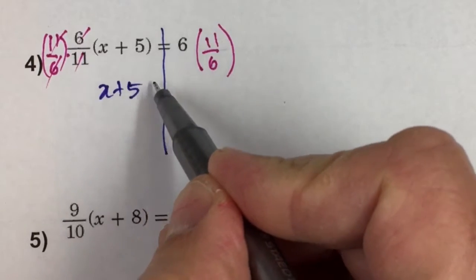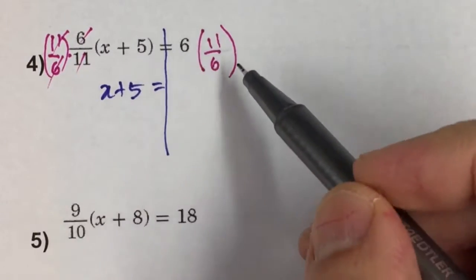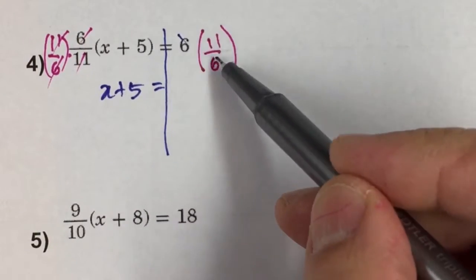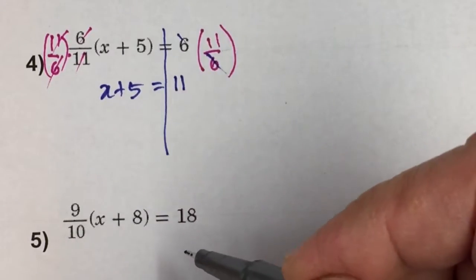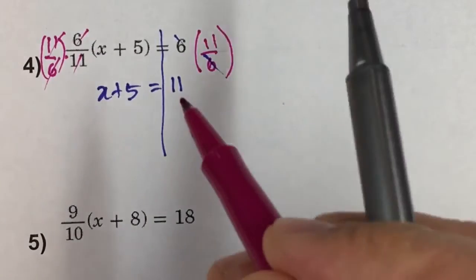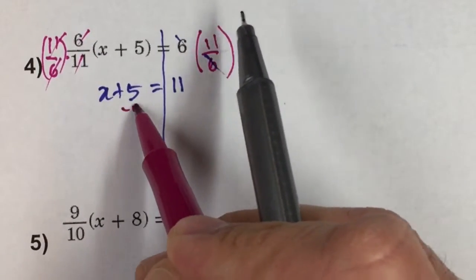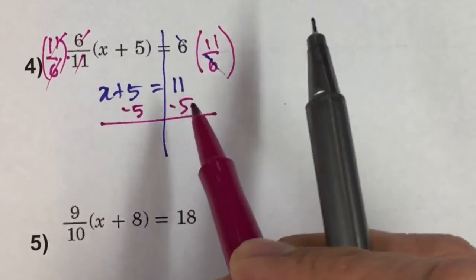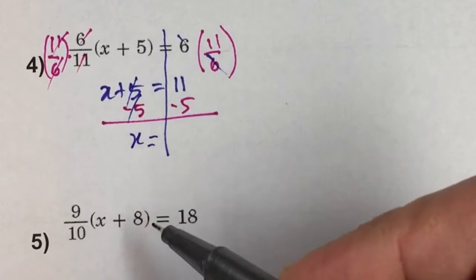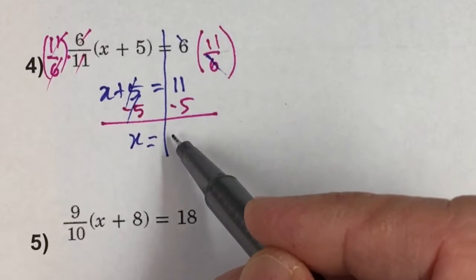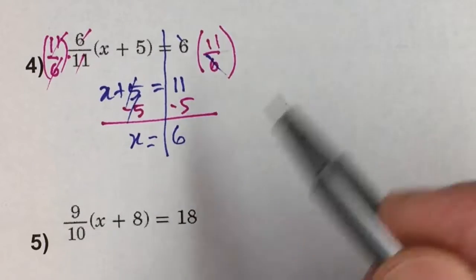X plus 5 equals, let's work a little bit here. 6 over 6, they cancel out because it's 1, and 1 times 11 is 11. Let's get rid of the 5 by subtracting 5 on this side and this side. This goes away, and x equals 11 minus 5, which is 6.